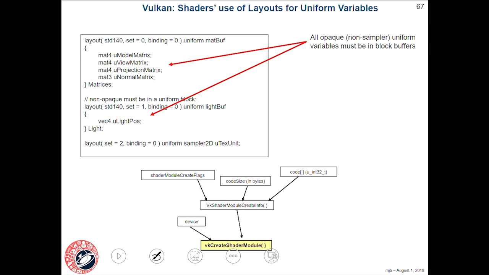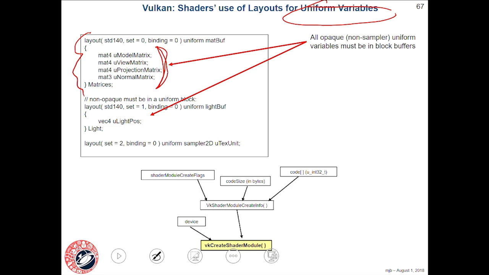One of the differences is if you've got uniform variables in Vulkan, you have to use a layout structure. In OpenGL GLSL, you could say uniform float X, and that would be fine. Here, you've got to, well, this ends up looking like a C structure, and so here is a set of uniforms that define a collection of matrices.